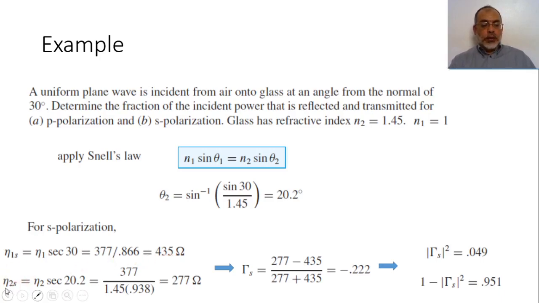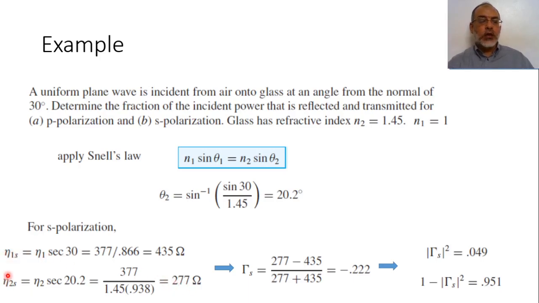Eta 2 perpendicular, eta 2s, would be eta 2 over cosine 20.2. Eta 2 is 377 over the refractive index of the medium, so 377 over 1.45 over cosine 20.2, so eta 2 perpendicular or eta 2s would be 277 ohms.